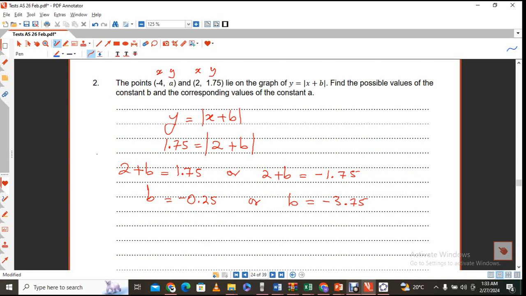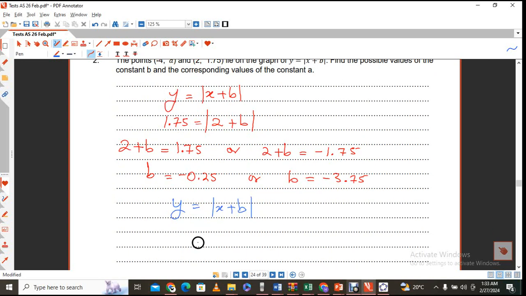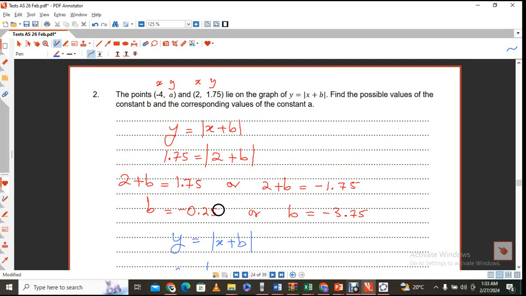Now that we have our two values of b, we're going to find the corresponding values of a. The way we do that is we simply say, remember we have y equals x plus b. But now our y from this particular point is a. So a equals, let's take our value of x. Our value of x is -4, as you can see from this particular point over here.